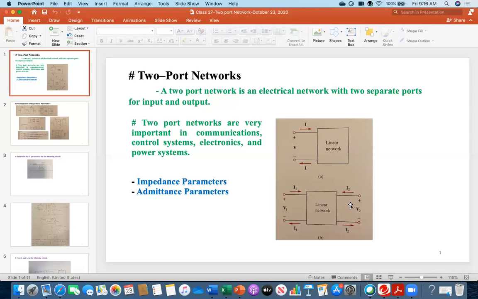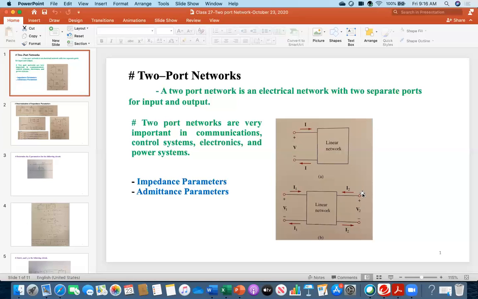Also, I believe in electronics you have studied transistors. I think you all know transistors, right? There is base, emitter, collector. So base and emitter is the input, and then base and collector is the output, whatever. And then also the operational amplifier, op-amp, is an example of this type of network, because in an op-amp there is an input terminal and an output terminal.